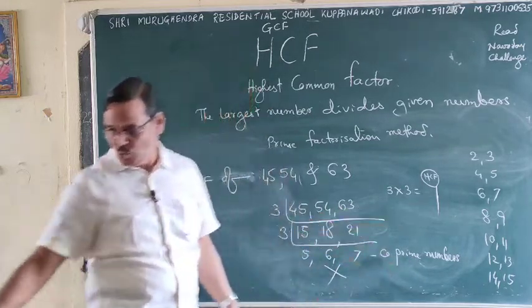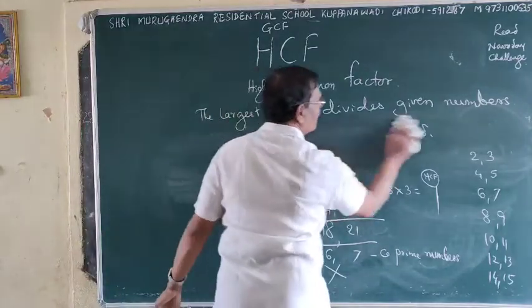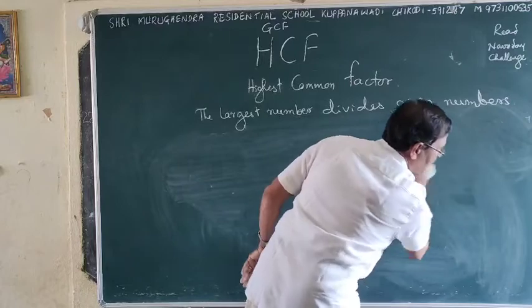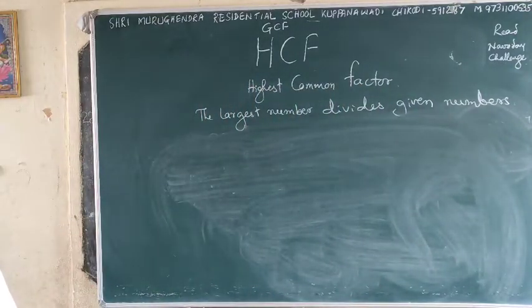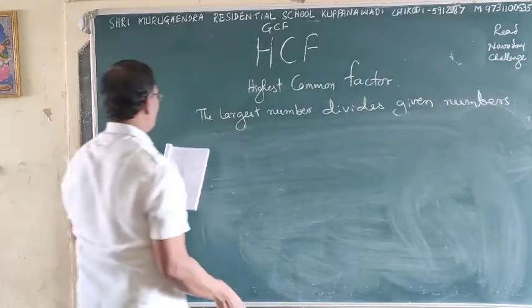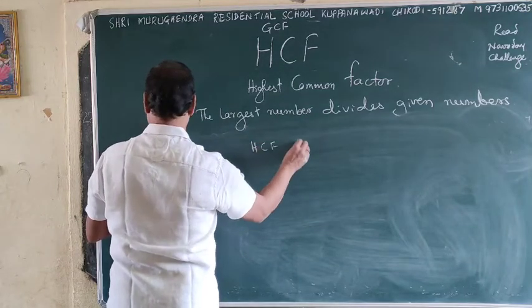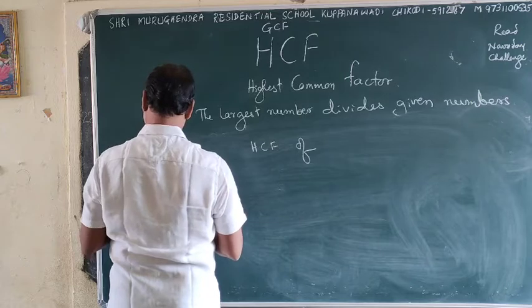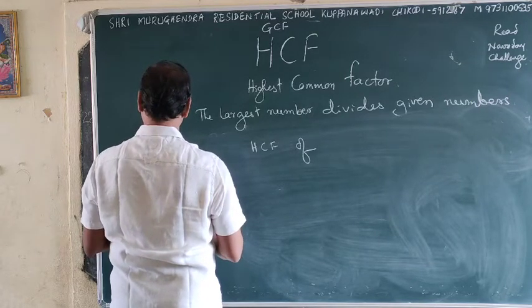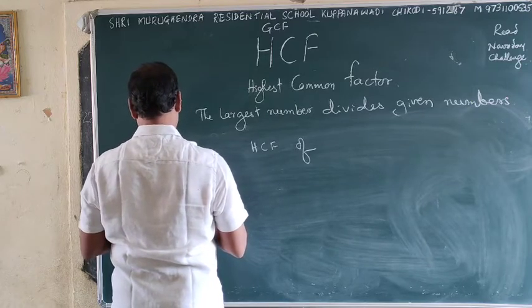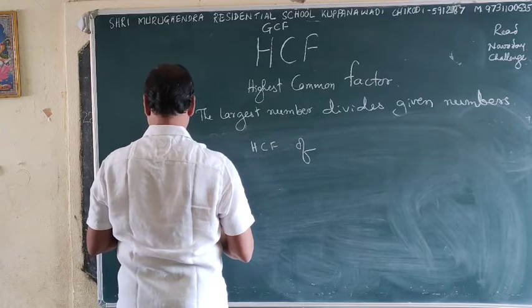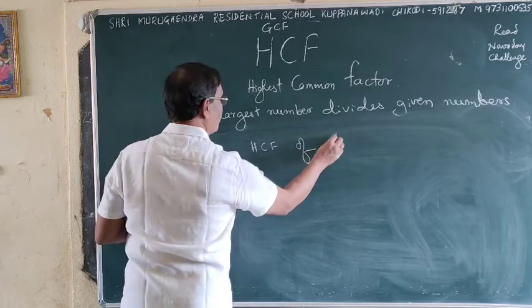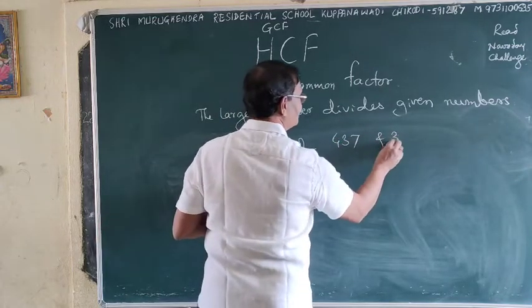At that time, what you have to do? In our Navodaya challenge it has been given: what is the HCF of 437 and 323?